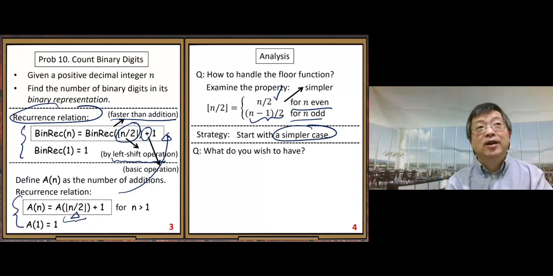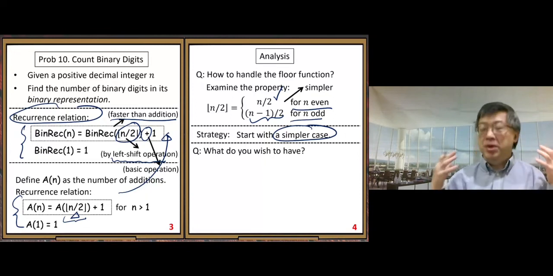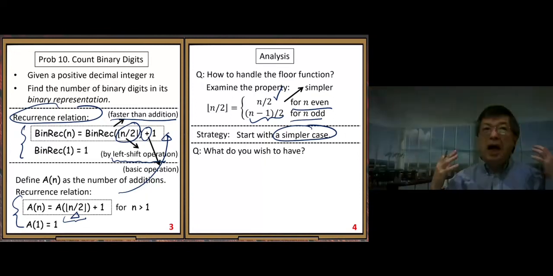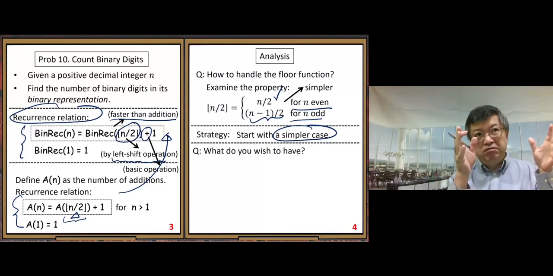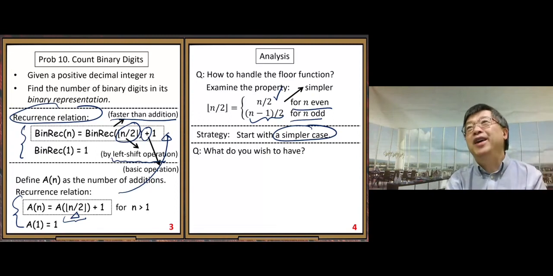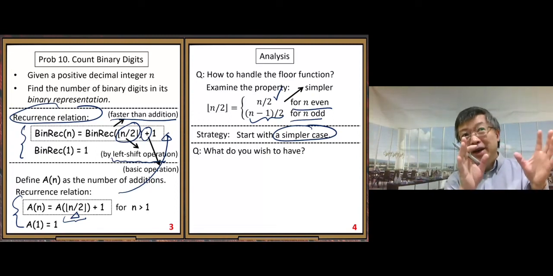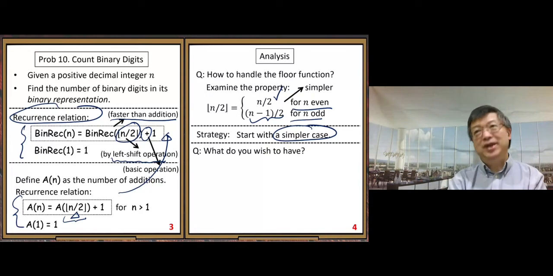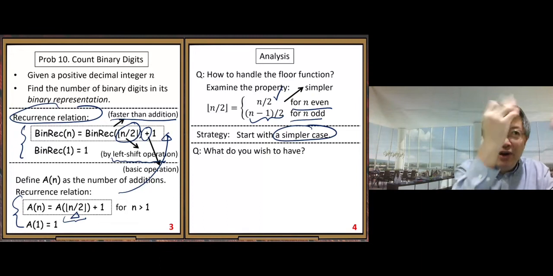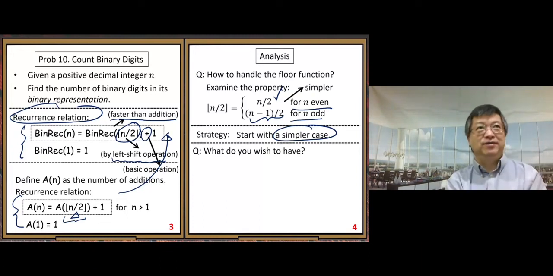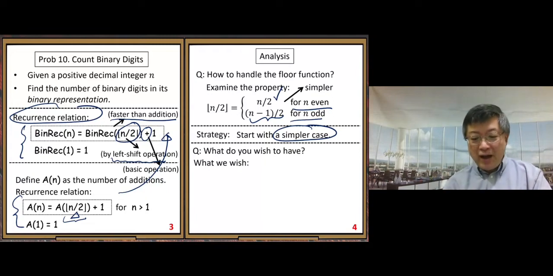So based on basic human nature, people like to have a relatively simpler case to work on. Although some people like challenging problems, true. But people tend to select simpler cases to work on first.